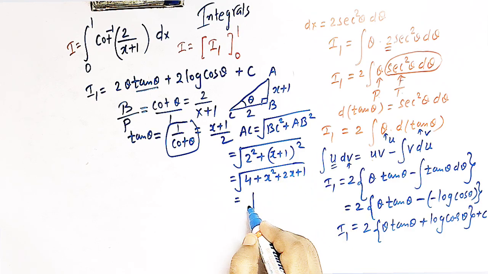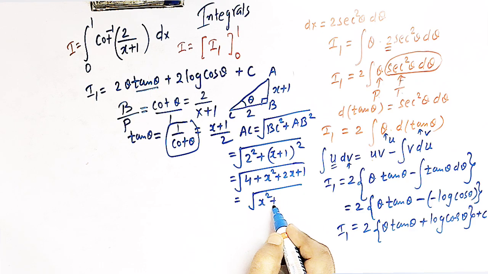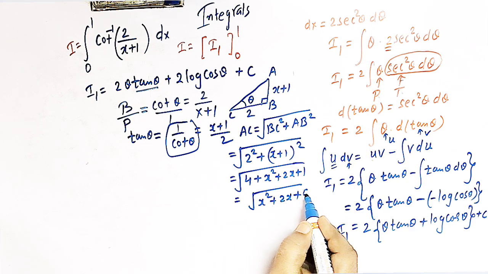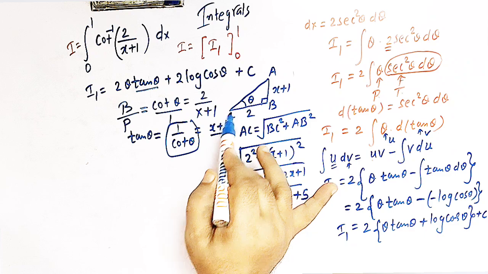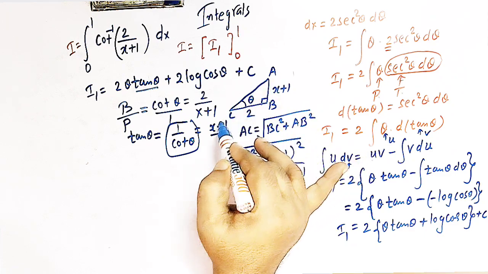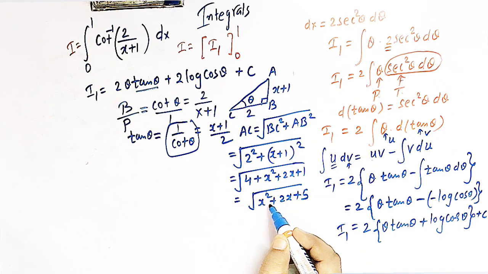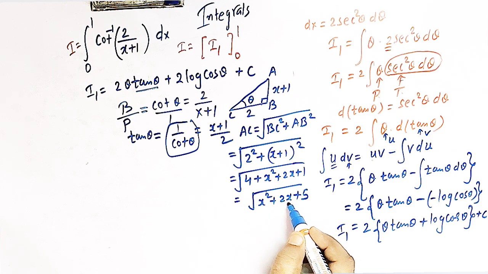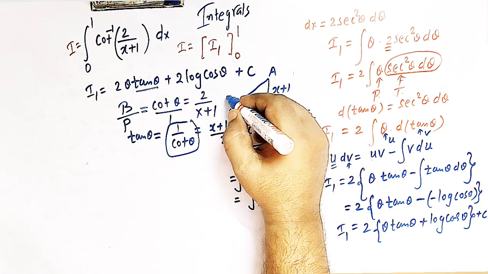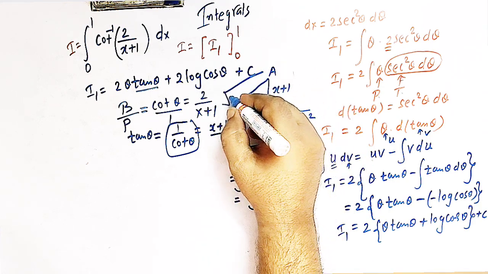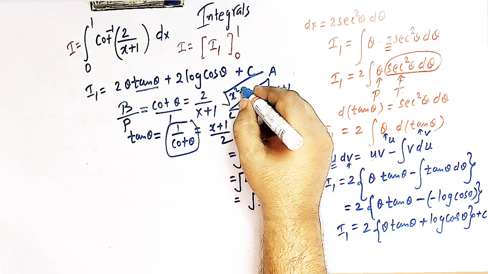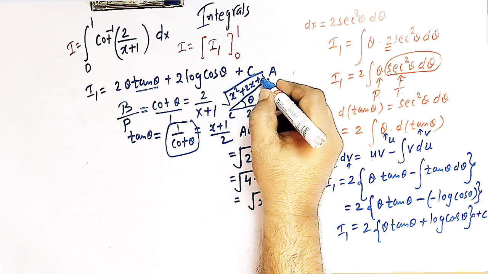So we have square root of x square plus 2x plus 5. So the length of the hypotenuse, that is AC, is square root of x square plus 2x plus 5.